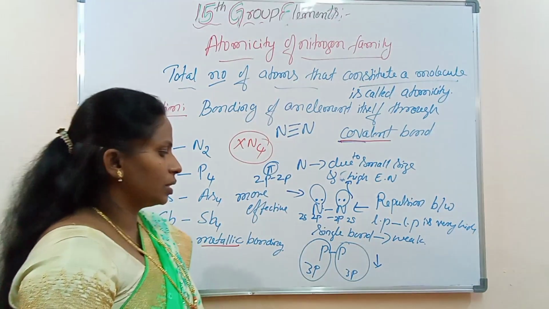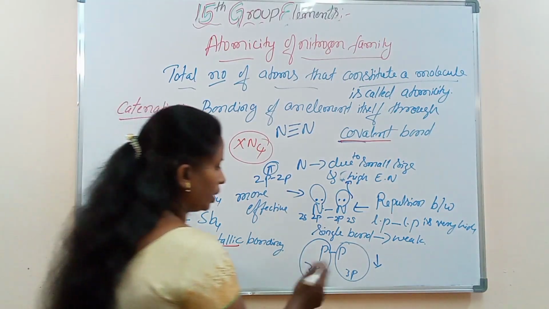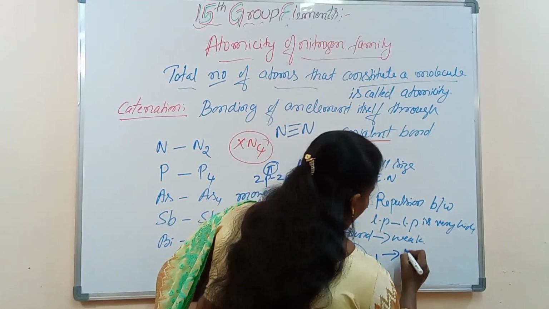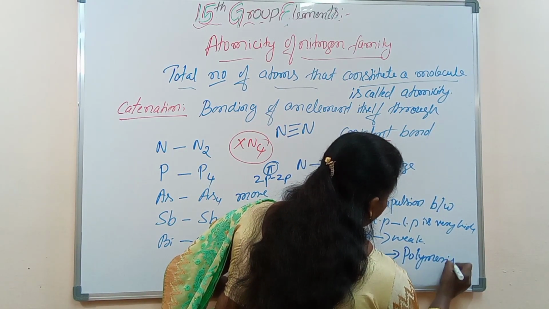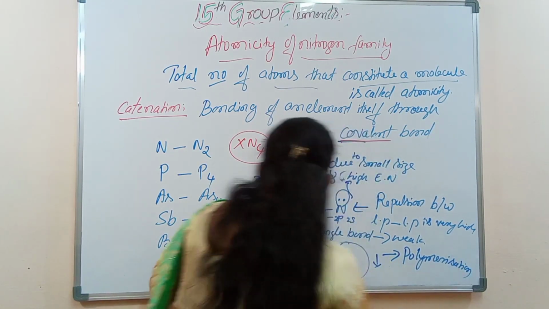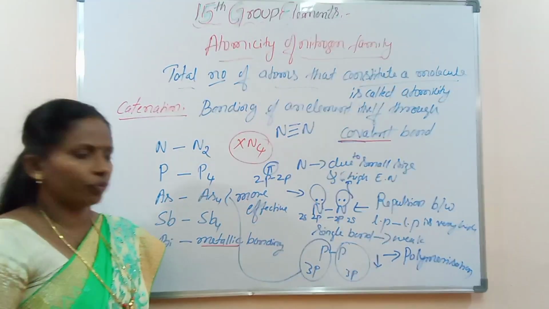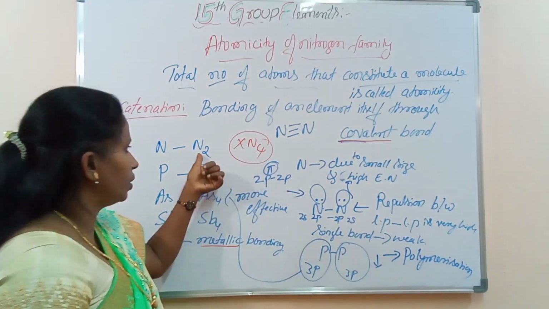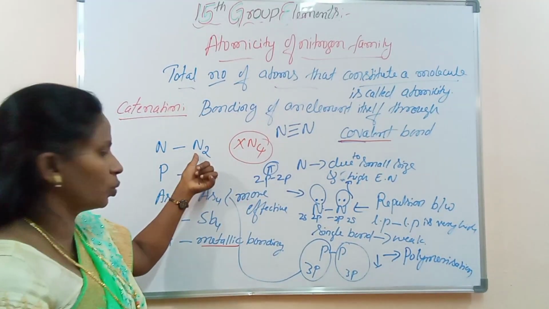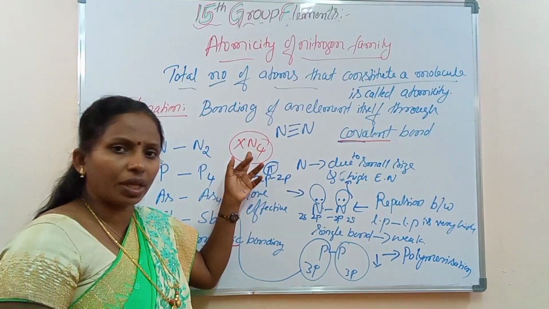In case of phosphorus, p-p overlapping is very less effective, and so they go for polymerization to form P4. So nitrogen exists in the form of N2 but does not exist in the form of N4.